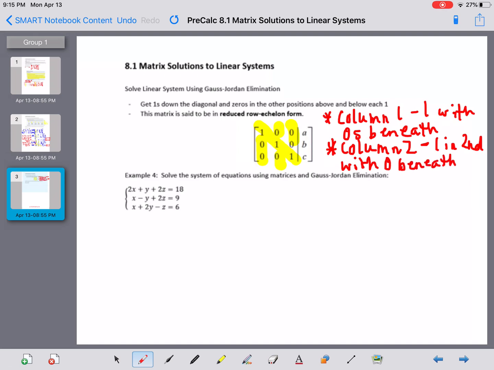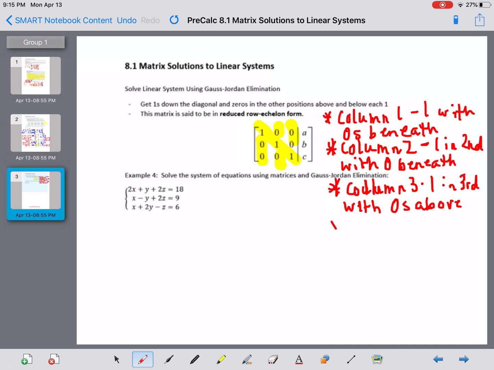Then we're going to get column 3. Oops, can't spell. 1 in the third. And now notice this with zeros above.